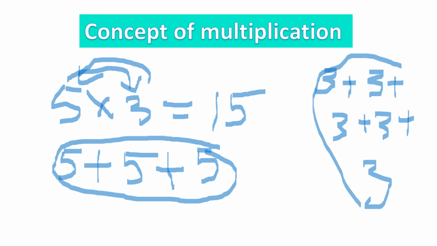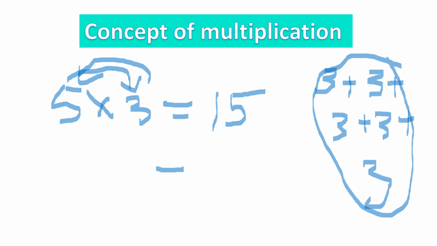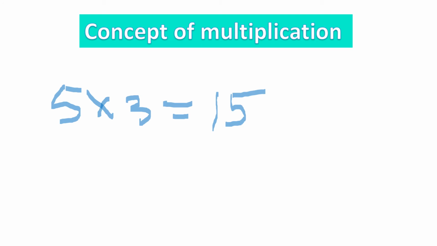So did you get 15? Yes. So 5 3s are 15 means 5 taken 3 times or 3 taken 5 times.